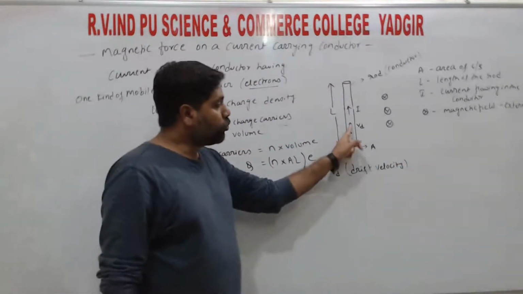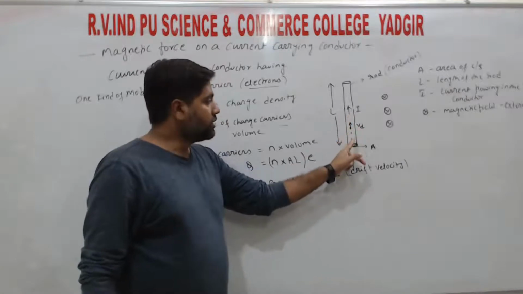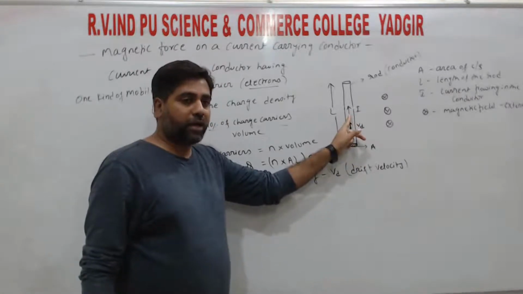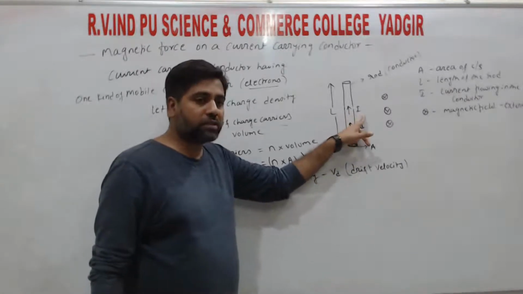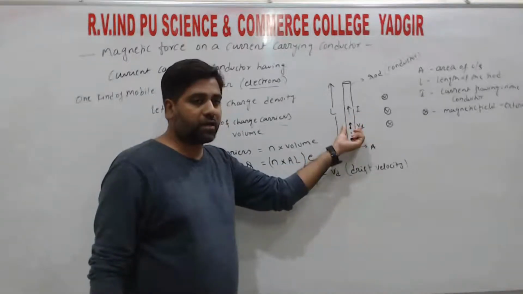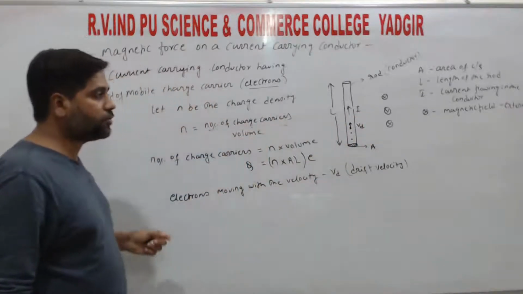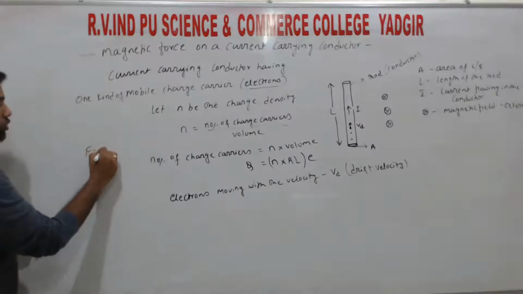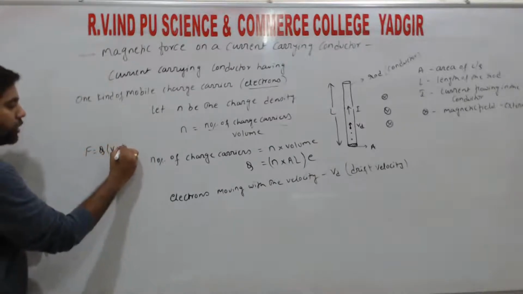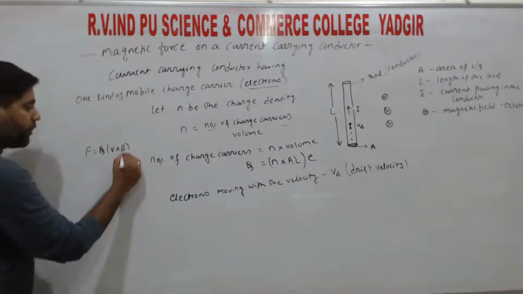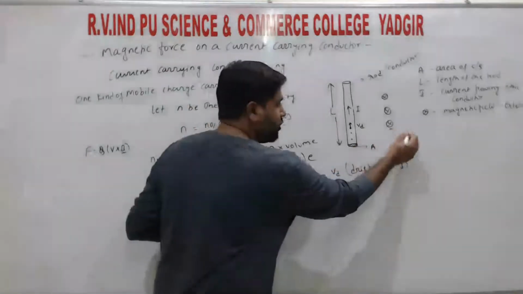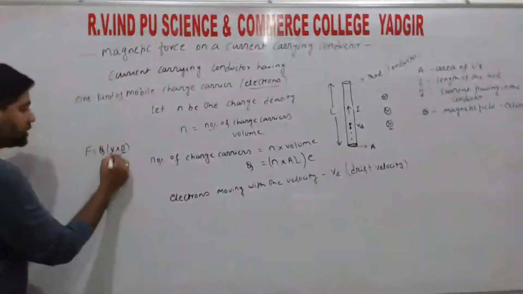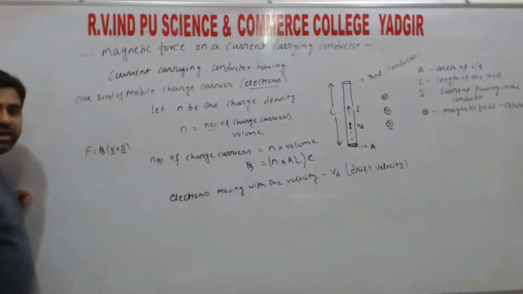Since charges are moving, and there is a magnetic field, a force is produced on this conductor, right? In the last class we explained that F is equal to Q into V cross B. Here we have the external magnetic field, and the charges are moving with the drift velocity.